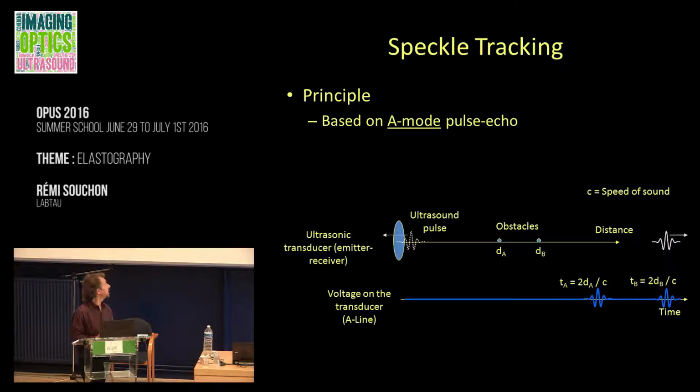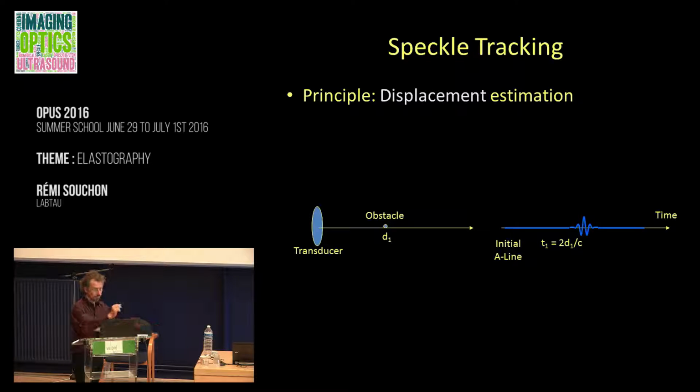And we can convert this time of arrival to distances. We simply know that the time of arrival is twice the distance divided by the speed of sound, a factor of 2 simply accounting for the round trip travel because the pulse has to propagate twice.